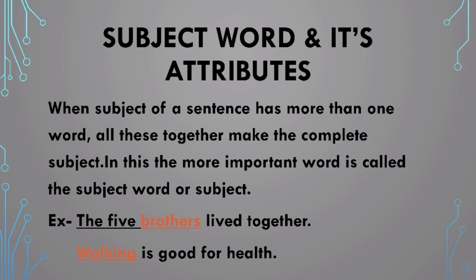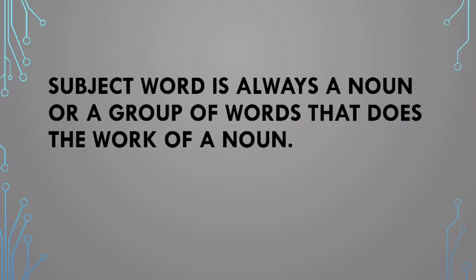In the next one, walking is good for health. So in this, we have only one subject word, that is walking, and that is the main subject. So the main important word is the subject word and other words are its attributes. Basically, students, the subject word is always a noun or a group of words that does the work of a noun.